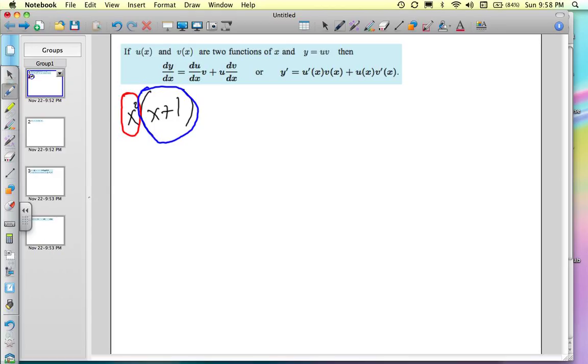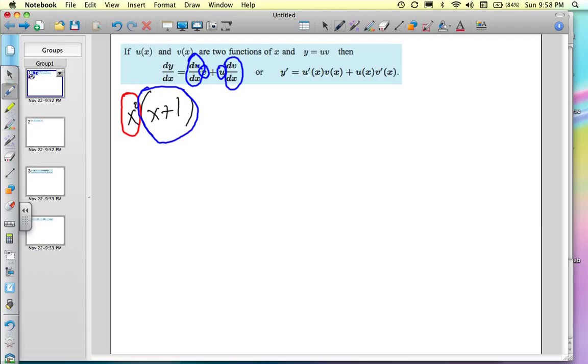And what the formula is telling you is that when you split it up into two functions like this that are being multiplied, take the derivative of the first one, multiply it by the regular second function, and then you add the regular first function times the derivative of the second one. So I'll do this really quick.